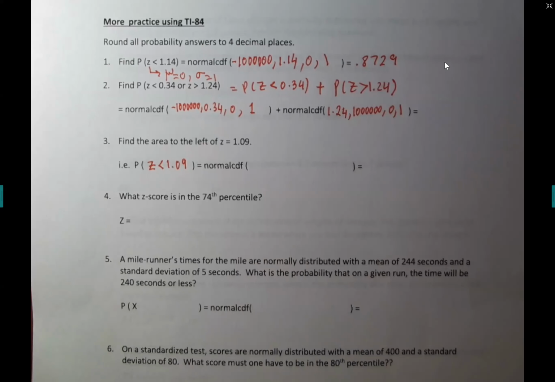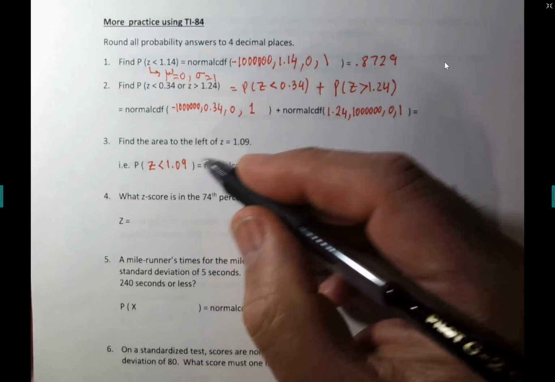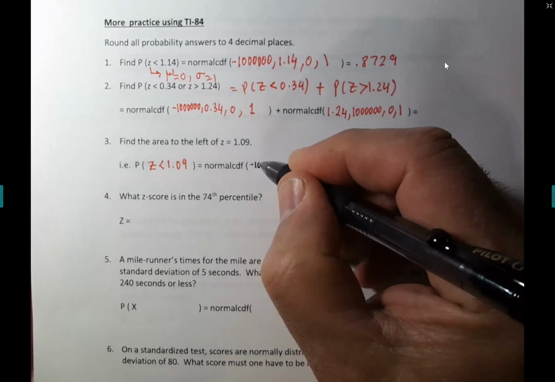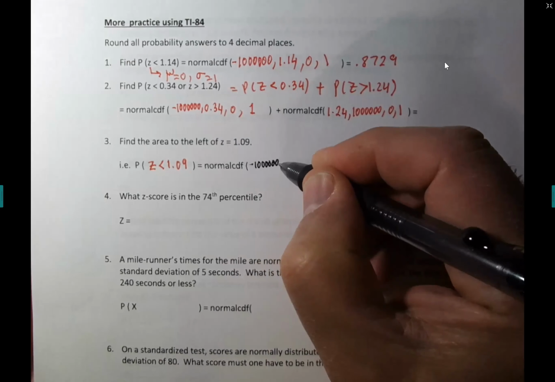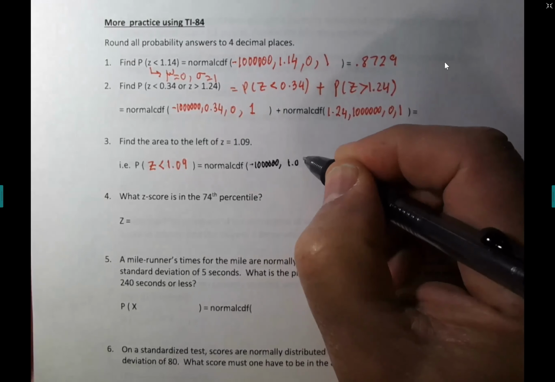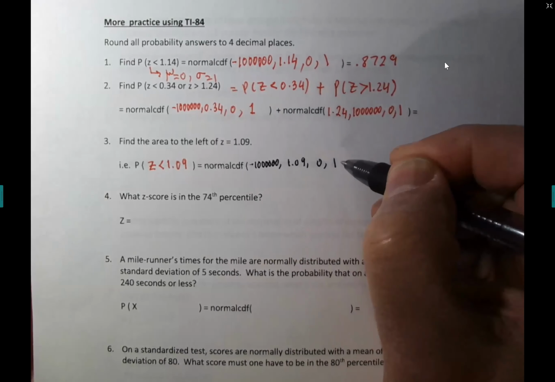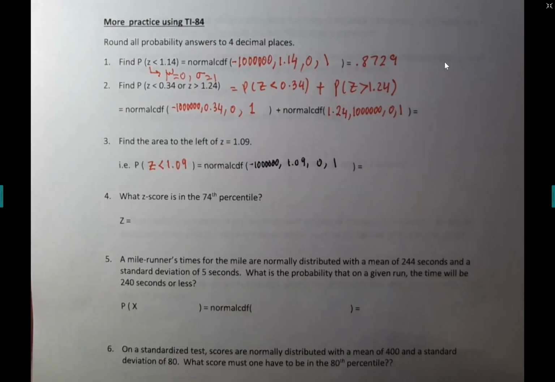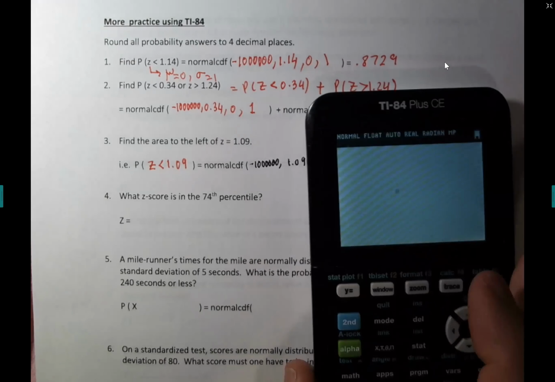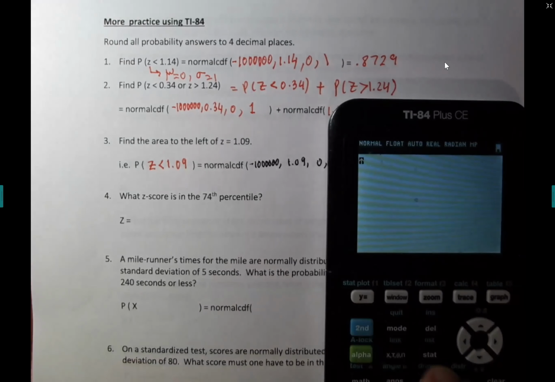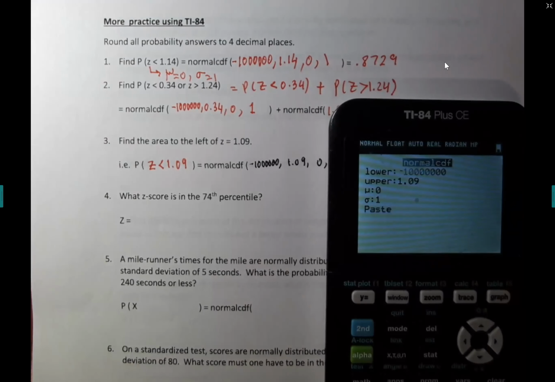It's less than, so negative a million, then 1.09, then 0, then 1. Even if you put negative 1,000, it will work. So the answer is 0.8621.